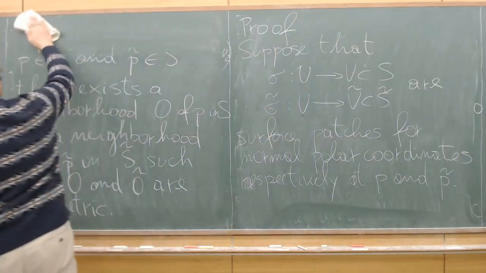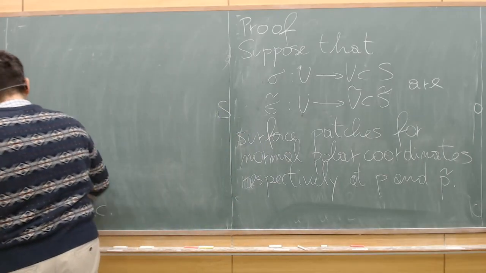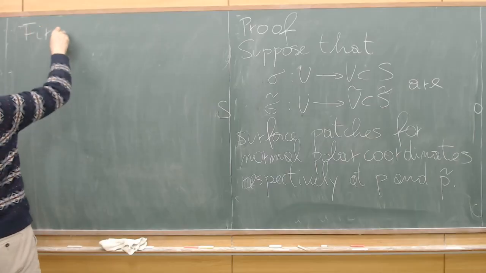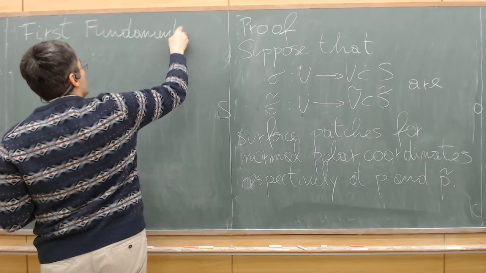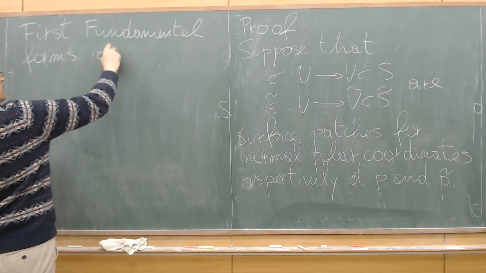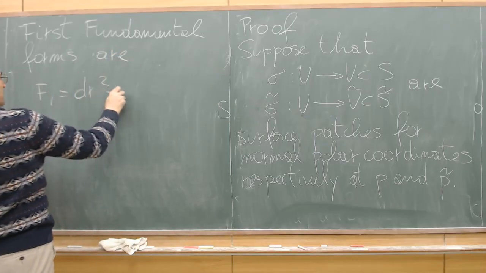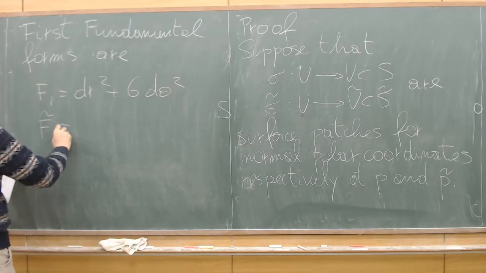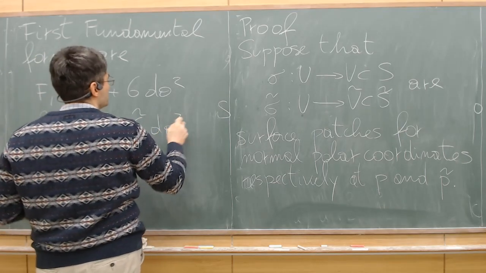Then the first fundamental forms are F1 equal dr square plus g d theta square, and F1 tilde equal dr square plus g tilde d theta square.